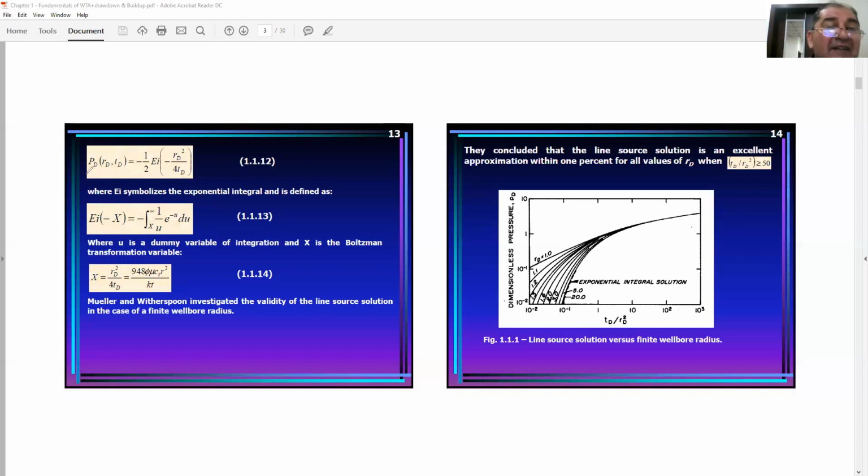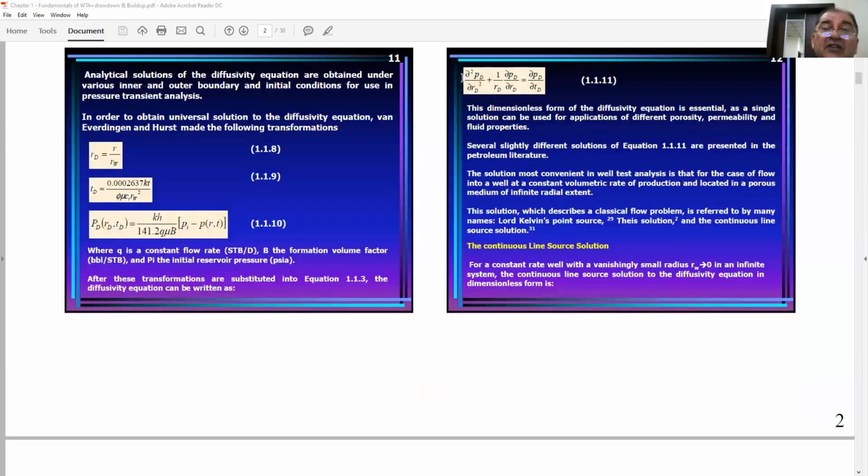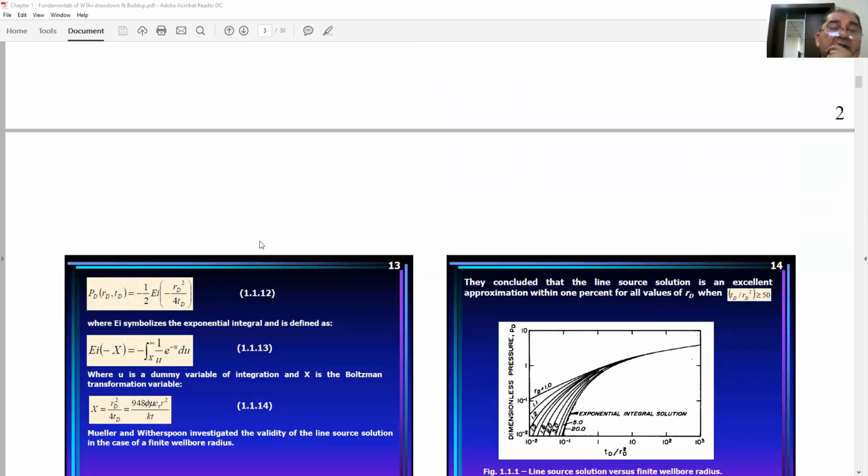This is the point. Now, is it clear? I'm not going to say clear because you don't know how we get this one. But what you need to know, guys, let me show you. This is our diffusivity equation, equation 1111. This model can be solved using the line source to get this one.